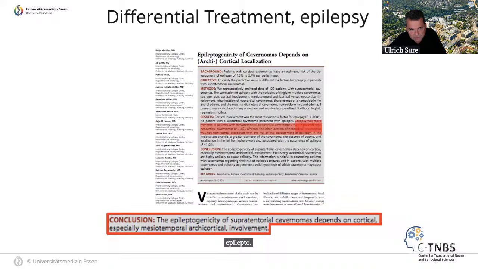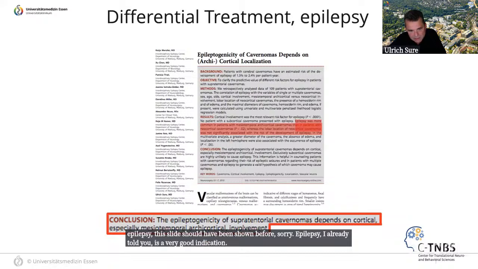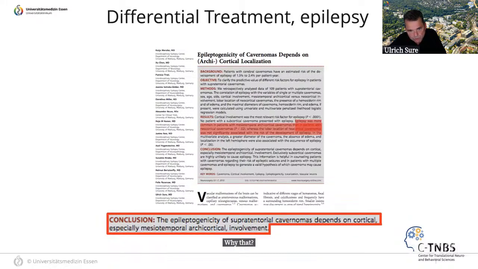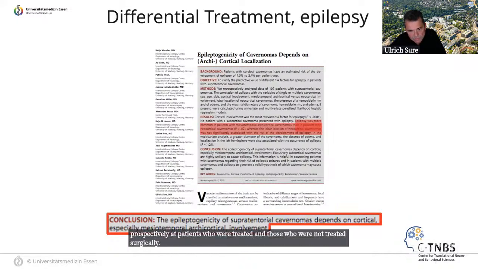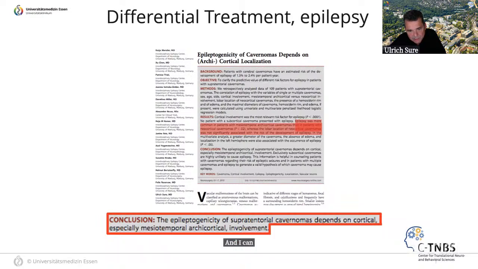Epilepsy. This slide should have been shown before. Sorry. Epilepsy, I already told you, is a very good indication. Why that? We looked prospectively at patients who were treated and those who were not treated surgically. And I can tell you, the patients share after 5 years absolutely the same morbidity by the disease.